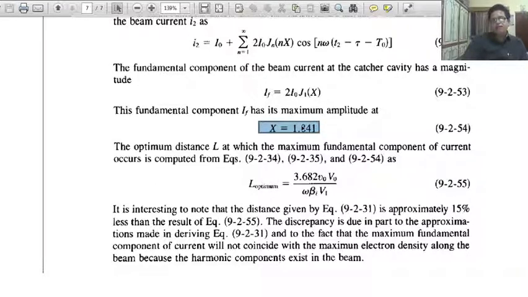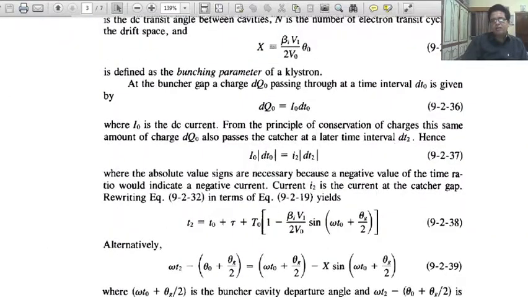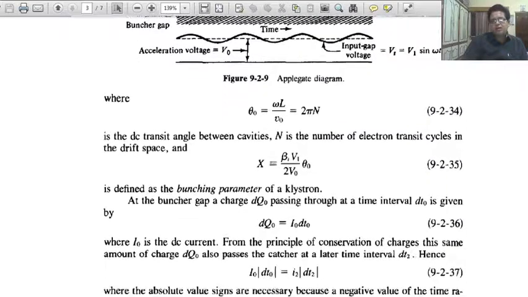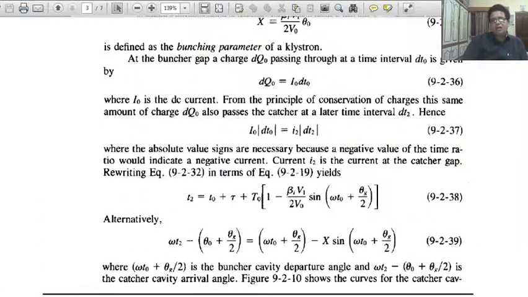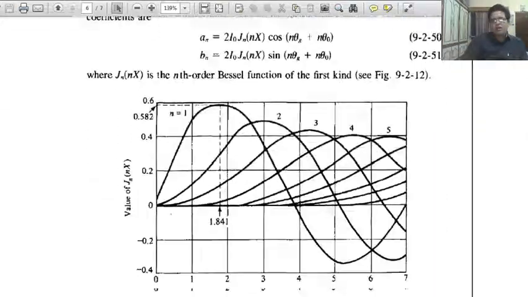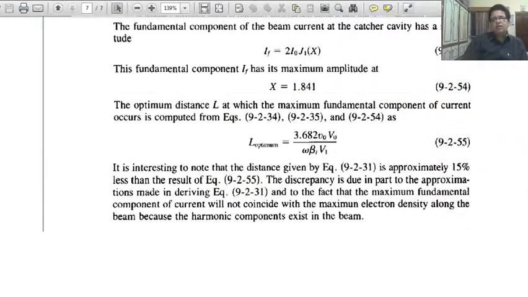If we put x equal to this in 34, 35, and using these equations we get the optimum distance, that means L optimum equal to 3.682 v0 V0 upon omega beta I V1.